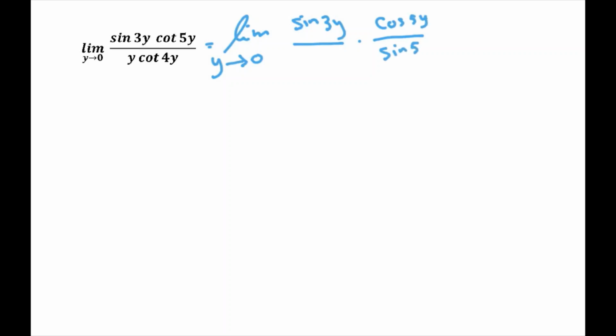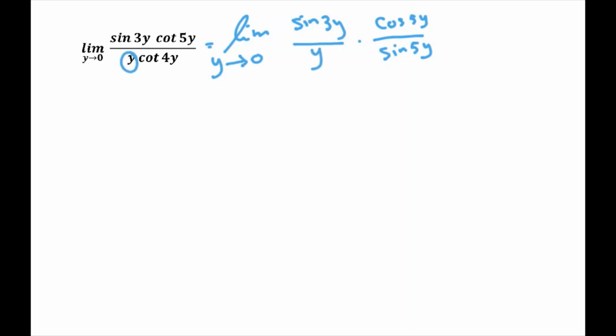What about this one? Here we can use, instead of cotangent 5y, cosine 5y over sine 5y, and the same with this one. So we're going to use the limit as y approaches 0 of sine 3y, and instead of cotangent, I'm going to use cosine 5y over sine 5y, and we have y in the bottom.